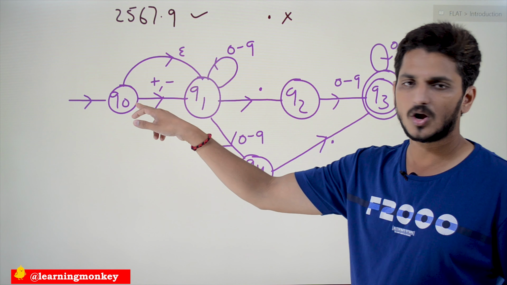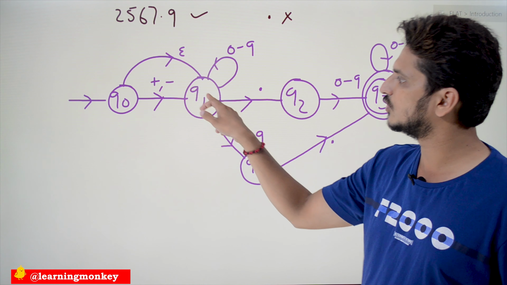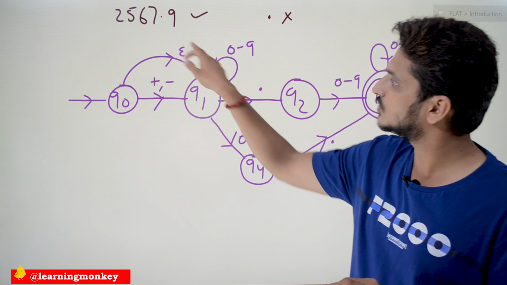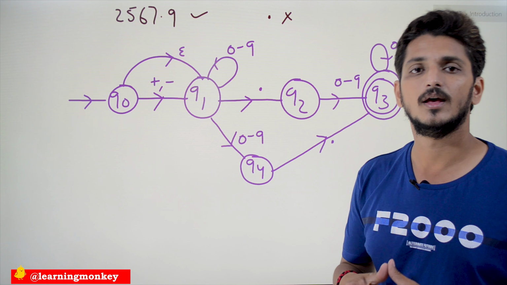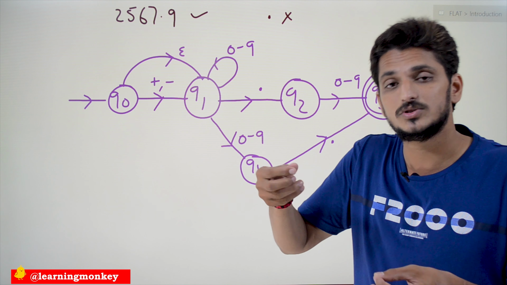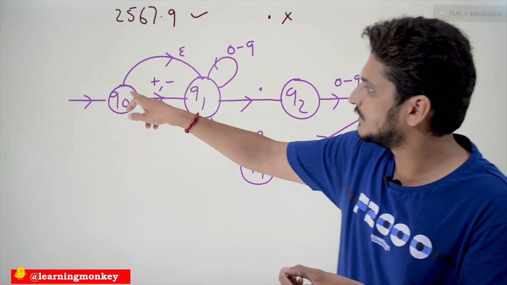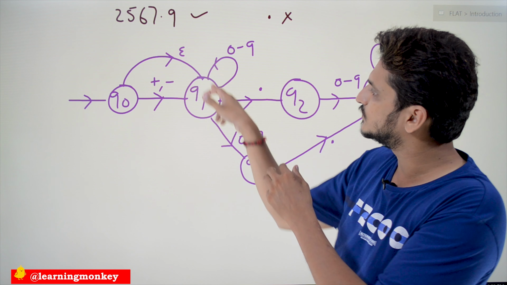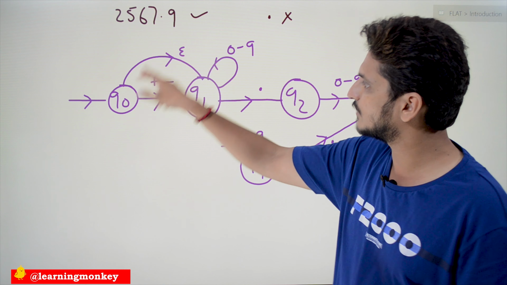So this is the logic. We start from Q0. If you find plus or minus, we go to Q1. If you don't find plus or minus, with epsilon moves we go to Q1 without taking the input symbol. If the first symbol is plus, one machine is going to continue. See here, by epsilon moves we are moving from Q0 to Q1.